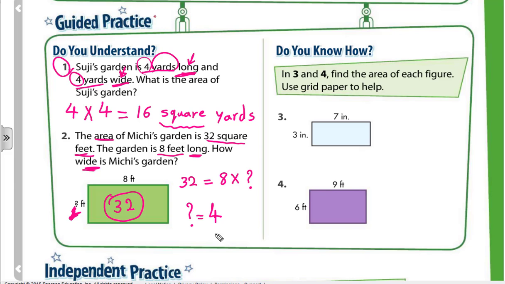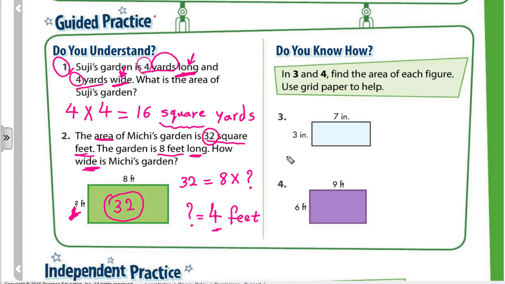No, of course, the area is 32. So we use feet, not square feet. Okay, thank you, my hero.